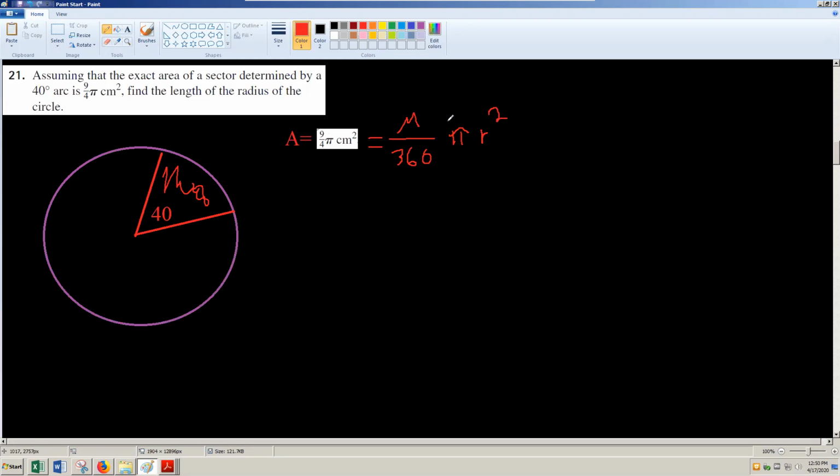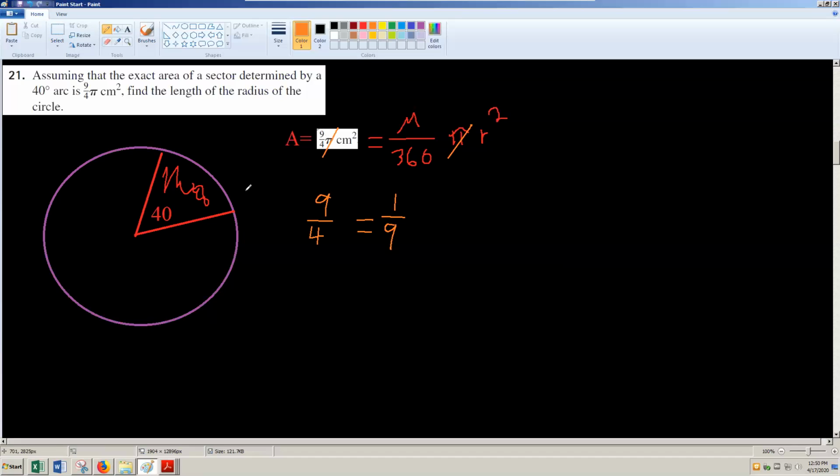So now I'm just going to solve for my r value by plugging in the fact that m is 40. So let's plug in some numbers here. 9 over 4 here. So I'm dividing both sides by pi. Divide by pi, divide by pi, that cancels off. M over 360, so 40 over 360 gives me 1/9.